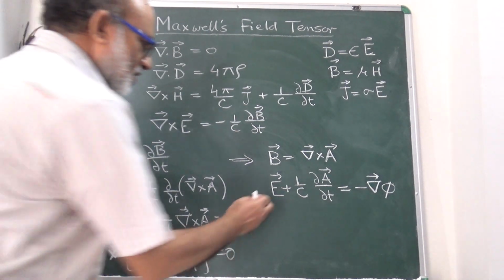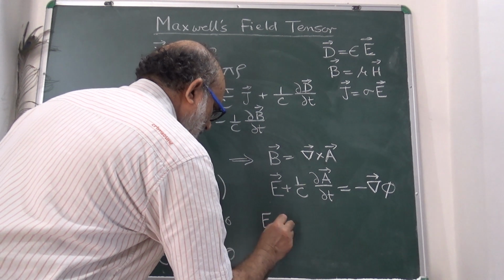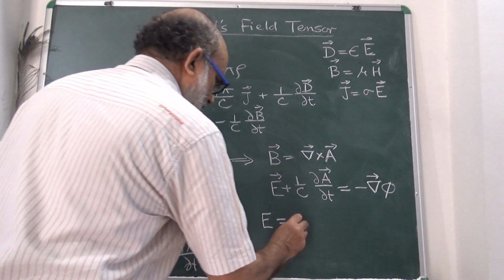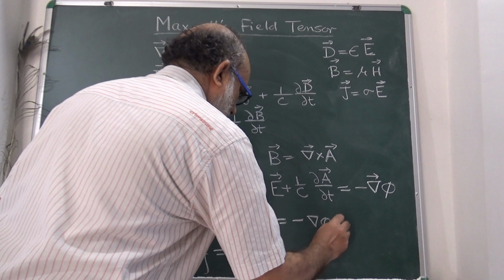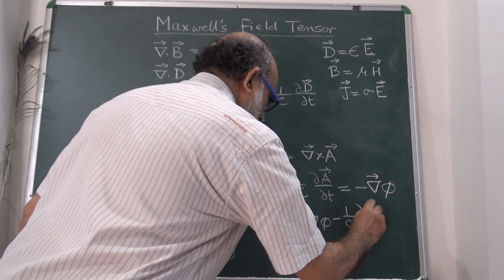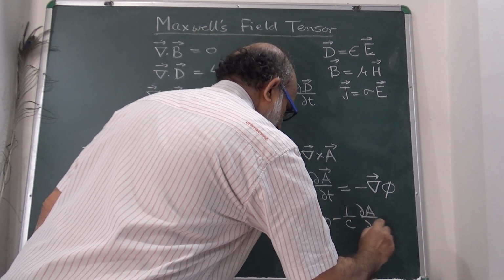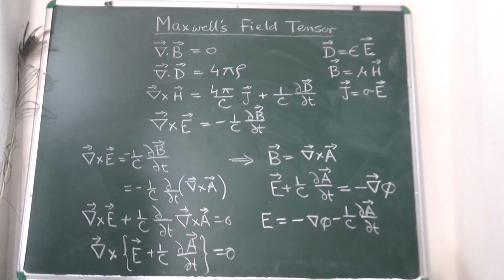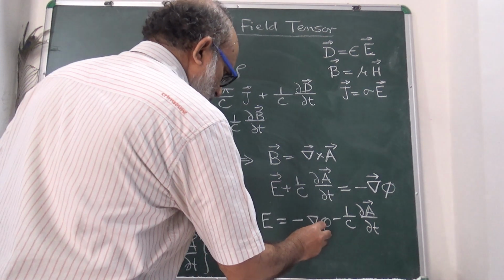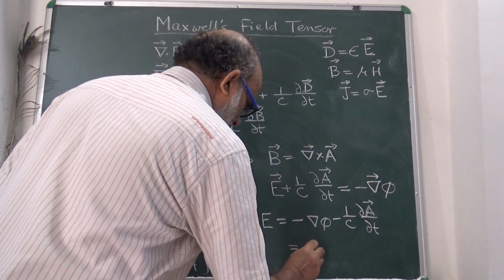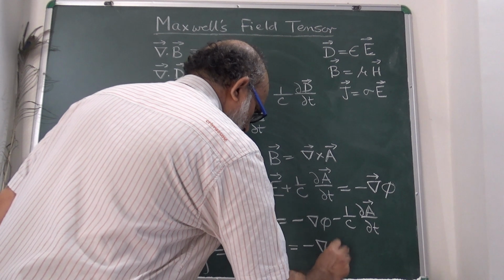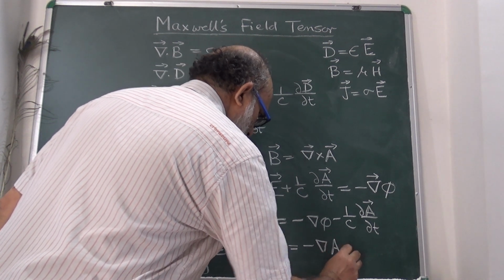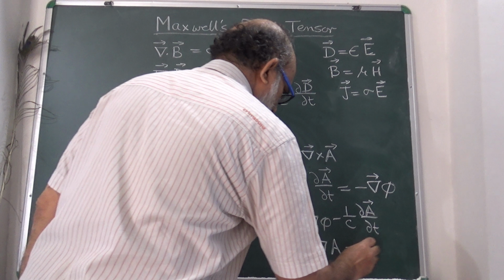So E can be expressed as minus del phi minus 1 by c dA by dt.